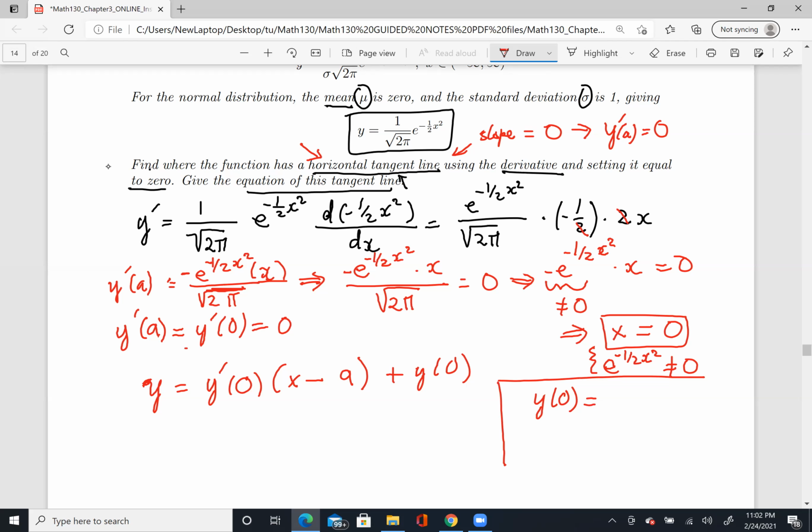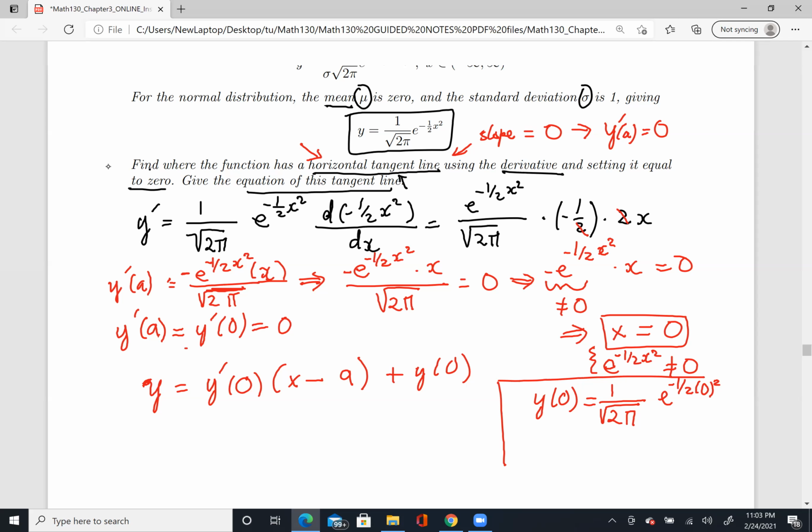Since I have y equal to 1 over square root 2 pi times e to -1/2 x squared, I put x squared now becomes 0 squared. So that's gonna give me y of 0 equal to 1 over square root of 2 pi, because e to the 0 is gonna be equal to 1.